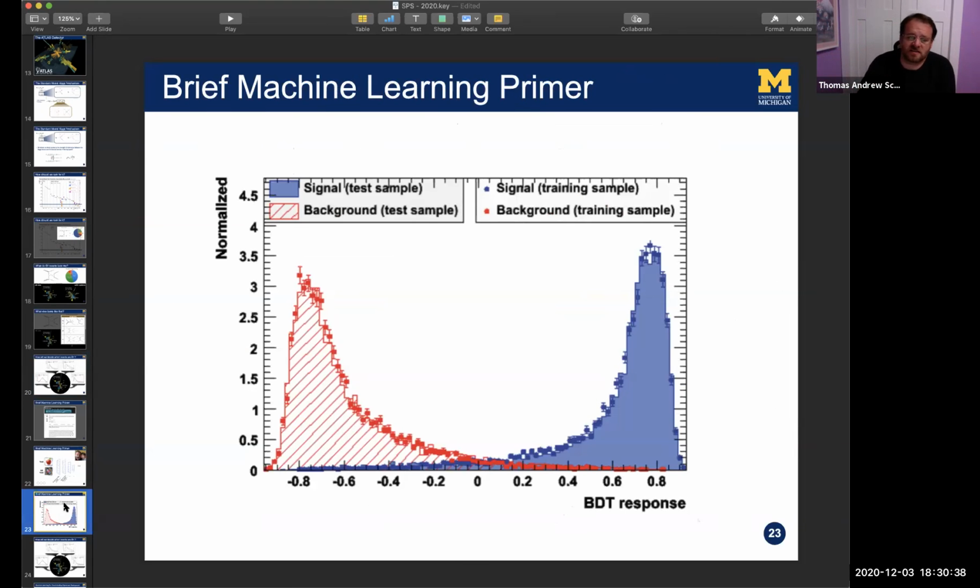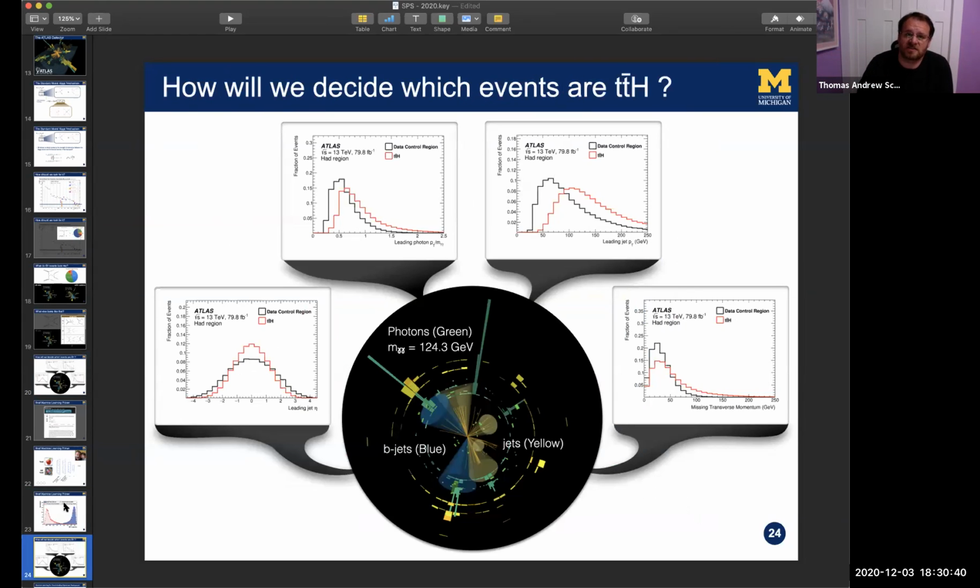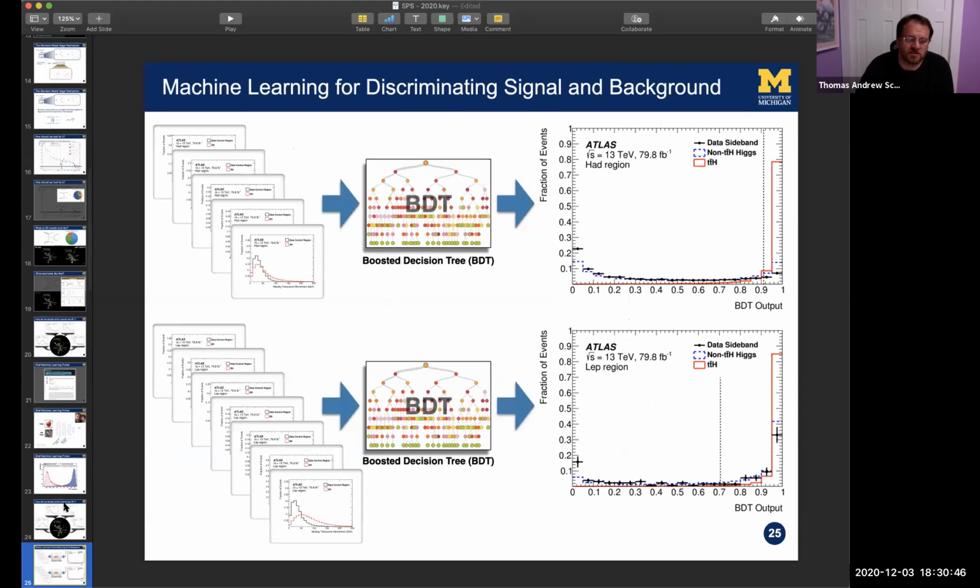Okay, so the analysis then takes all these distributions like we were looking at and feeds them into boosted decision trees. If you remember way back, we talked about how we take Higgs events and separate them into all jets or one where there's a lepton.